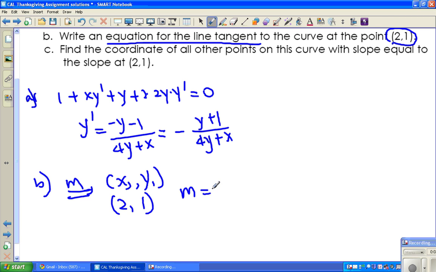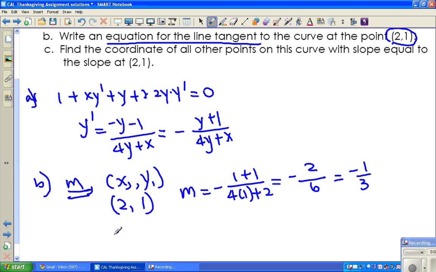What is the slope? Using this expression, negative y, where y is equal to 1, plus 1, and then 4 times 1 plus x, where x is equal to 2, we get negative 2 over 6, which is negative 1/3. That becomes the slope.